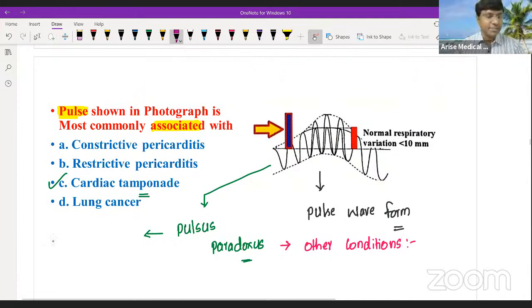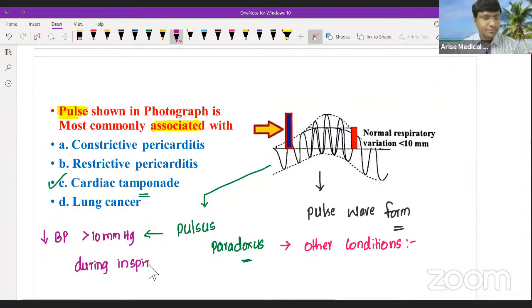The definition of Pulsus paradoxus is a fall in the blood pressure of more than 10 millimeters of mercury during inspiration. That is what is called Pulsus paradoxus.